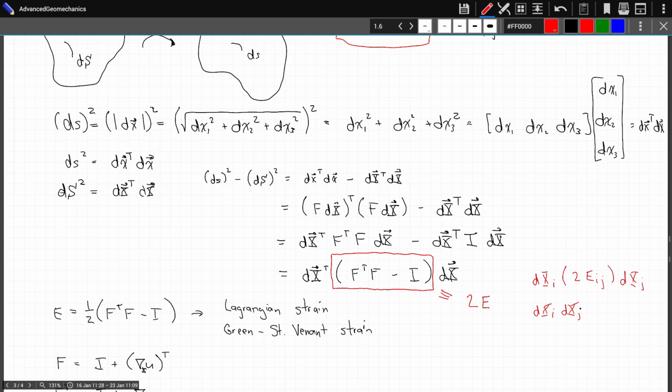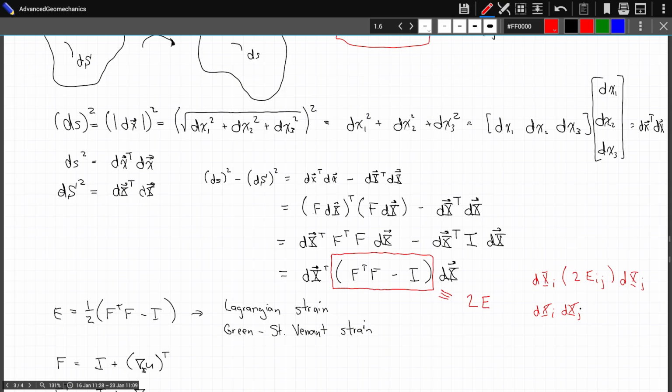And so what you would end up on this side over here would be something that's like the change in length in the numerator divided by some notion of the original length in the denominator, right? So hopefully you see that's kind of intuitively a strain. A change in length over length is a strain.